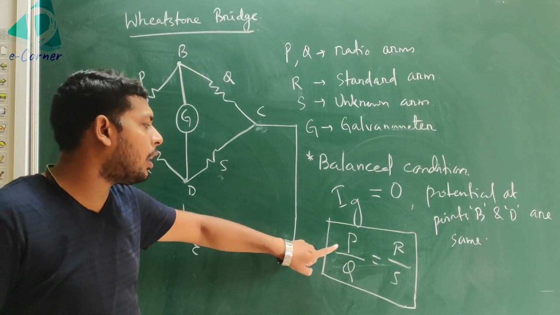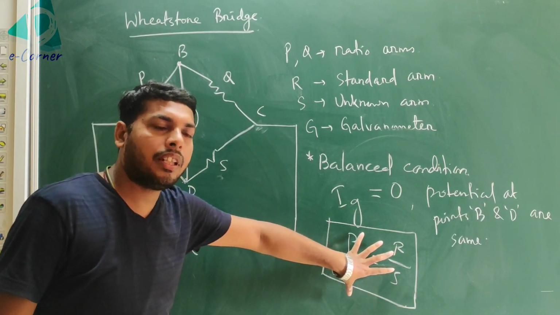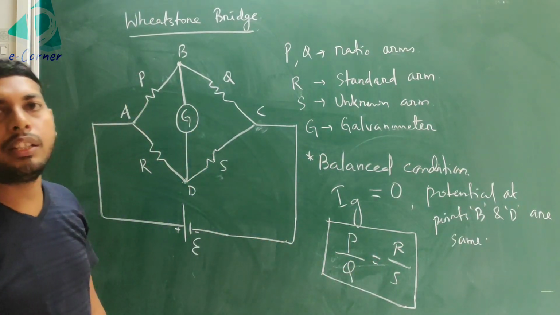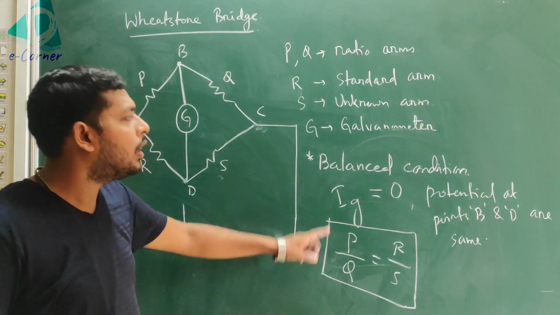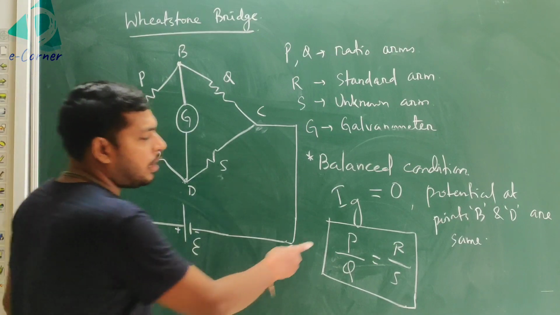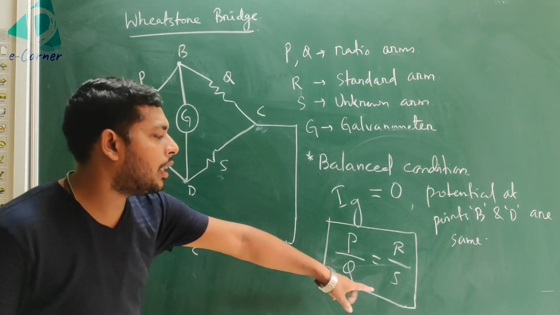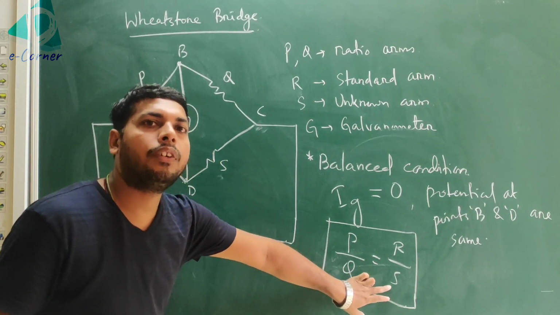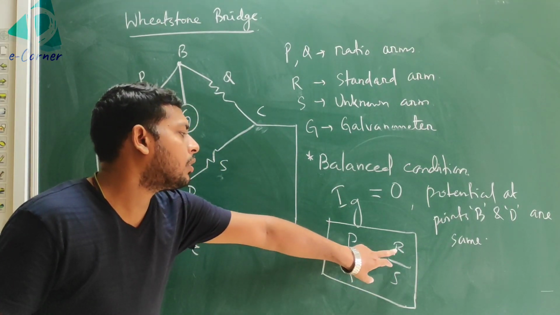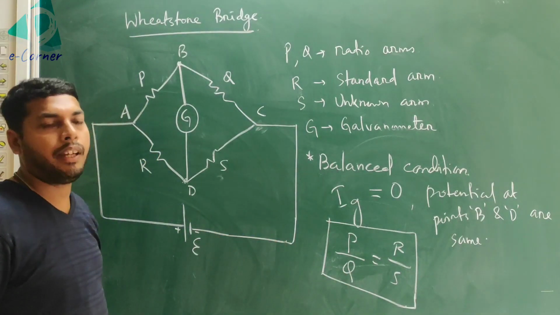When the bridge is balanced, this expression, this formula, is valid, otherwise not. So P upon Q equal to R upon S. From this expression we can calculate the value of S. S is equal to, you just have to shift this one, and again you will get the value of S.